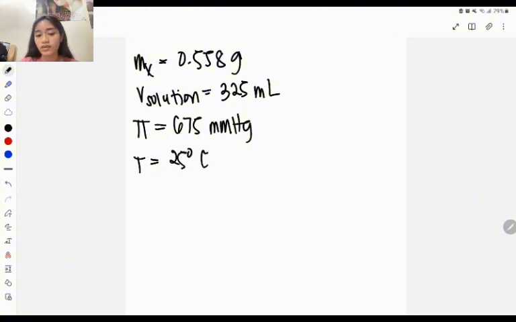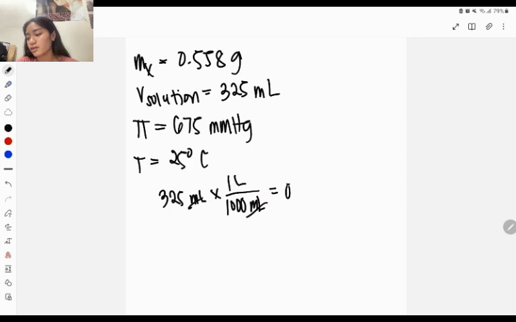Let's convert the terms that we can convert. First, we have to convert the milliliters into liters. 325 milliliters multiplied by 1 liter over 1000 milliliters is equal to 0.325 liters.